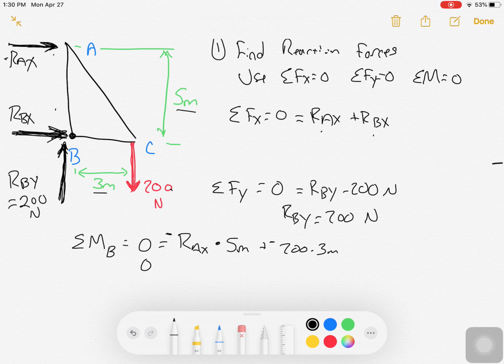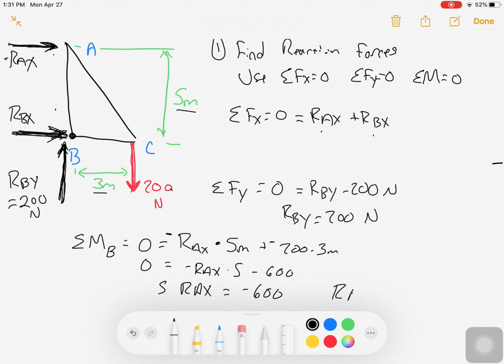All right. So I say that 0 equals negative RAX times 5 minus 600. I'll move my RAX times 5 to the other side. So 5 RAX equals negative 600.